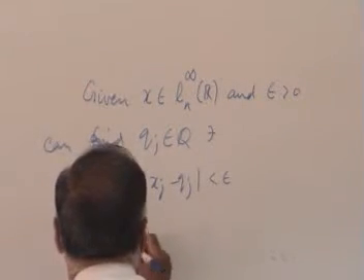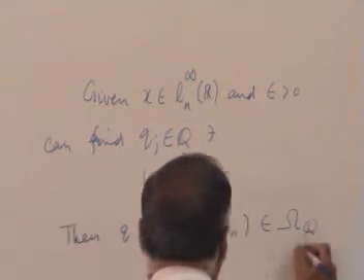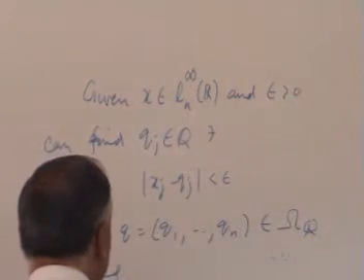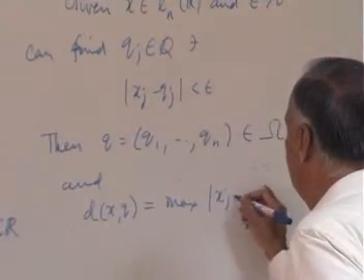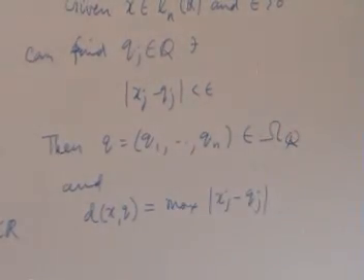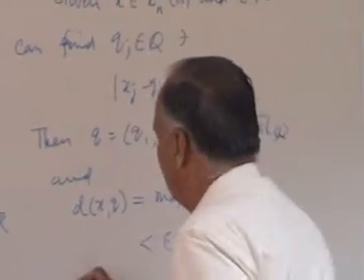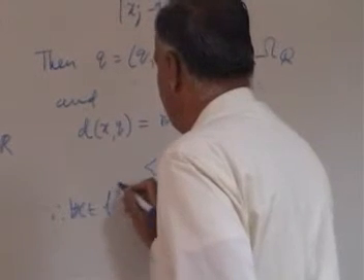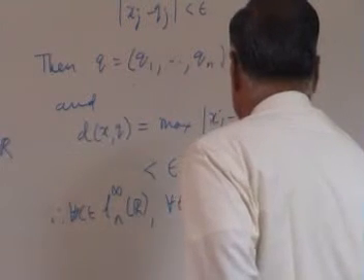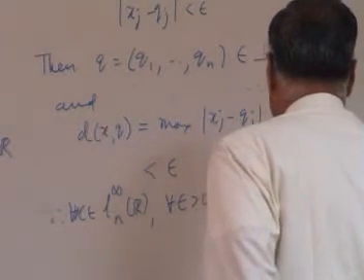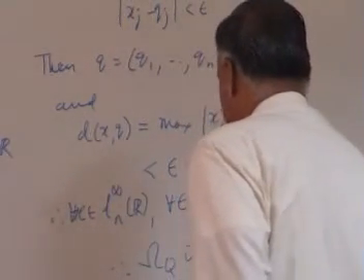Then q equal to q1, q2, qn belongs to omega q, and what is dxq? It is the maximum of the difference. Each one of the differences is less than epsilon, so the maximum will also be less than epsilon. Therefore, for every x in L infinity n r, for every epsilon positive, the ball is not empty, therefore omega is dense.